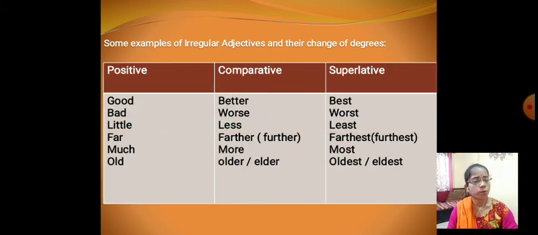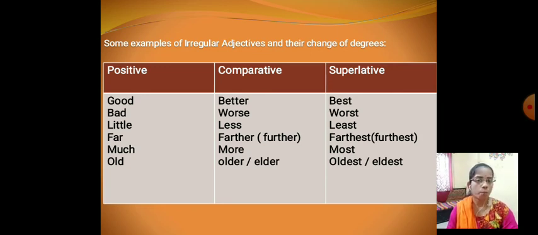See in the positive, comparative and superlative degrees, good, better, best. We are not joining all those words here. Bad, worse, worst. Little, less, least. Far, farther, further, farthest, furthest.